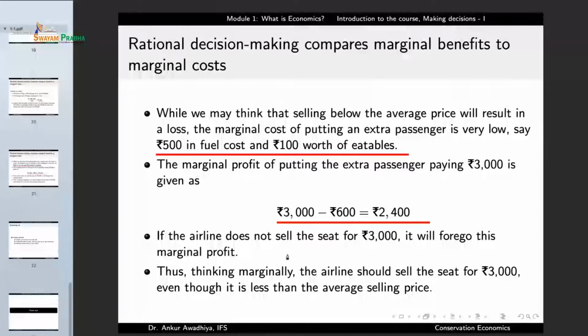So if the passenger is not permitted, the airline will not earn this profit. But with the extra passenger, the airline will earn this extra profit. And even though this is less than the average cost of selling the ticket, the airline will probably permit this passenger, because permitting this passenger is giving the airline an extra 2400 rupees.